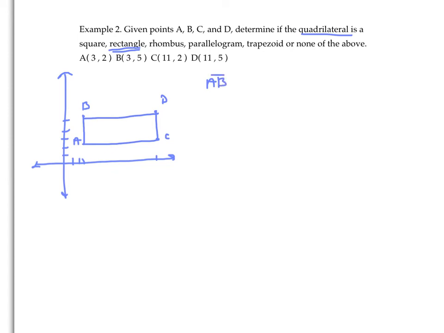So we would do the change in y, so 5 minus 2 divided by 3 minus 3. Okay, that gives us 3 over 0, which is undefined.